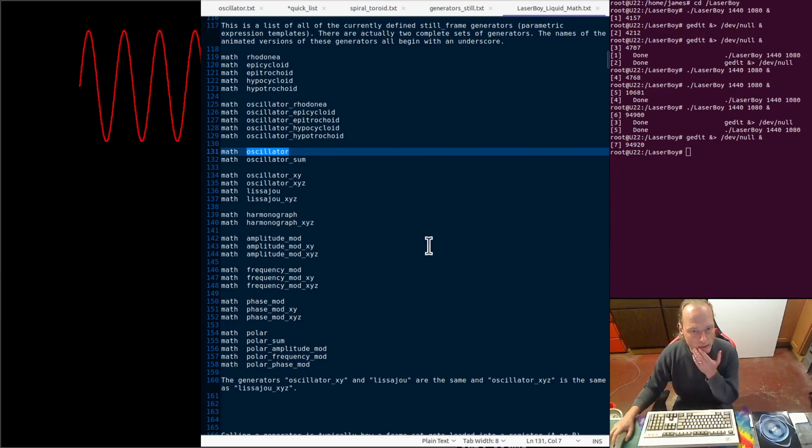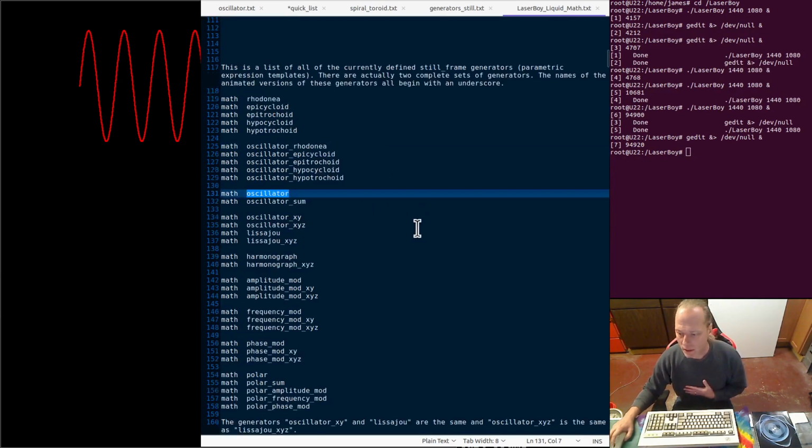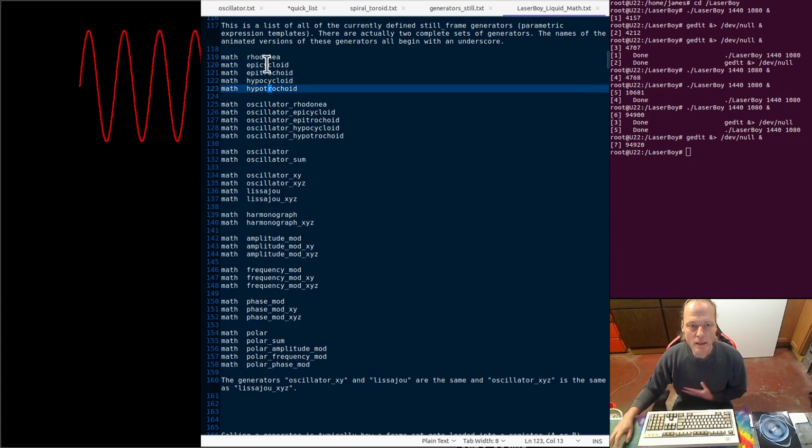See, there's oscillators, just one of them. And all these other ones use one or more LBOs, the LaserBoy oscillators, or they may just use factors to generate these figures. You just need circular radii to do these things.